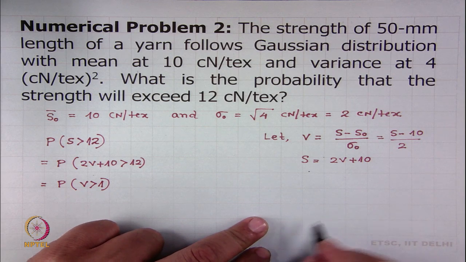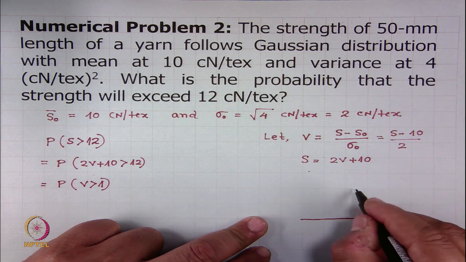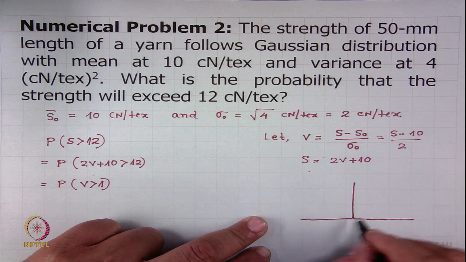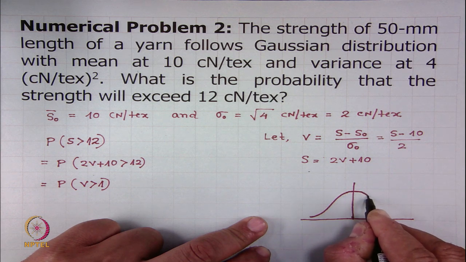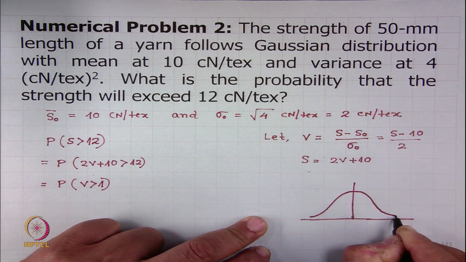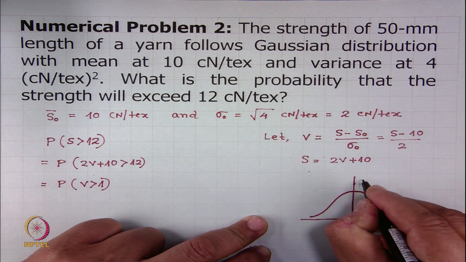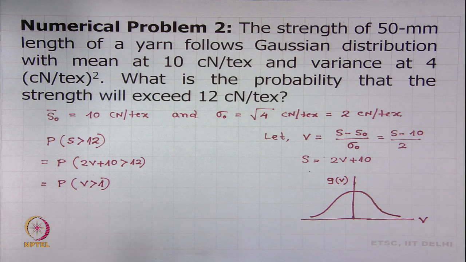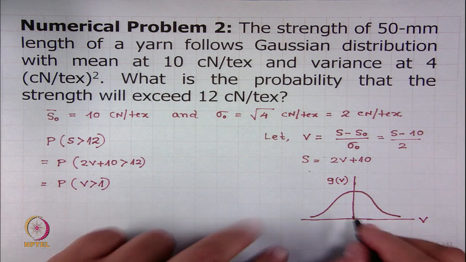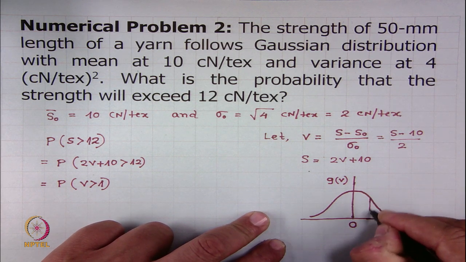So, in a normal distribution, if this is V, this is suppose PDF of V, then this is 0 and this probably is 1.